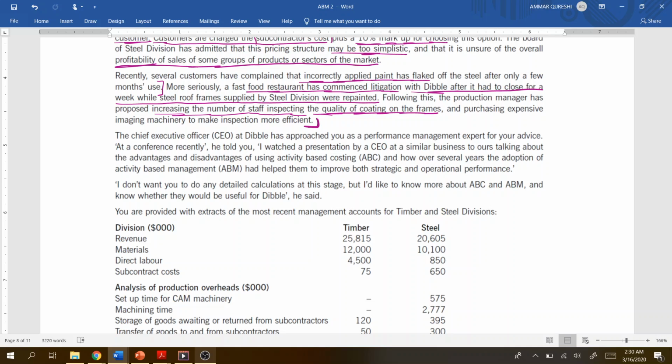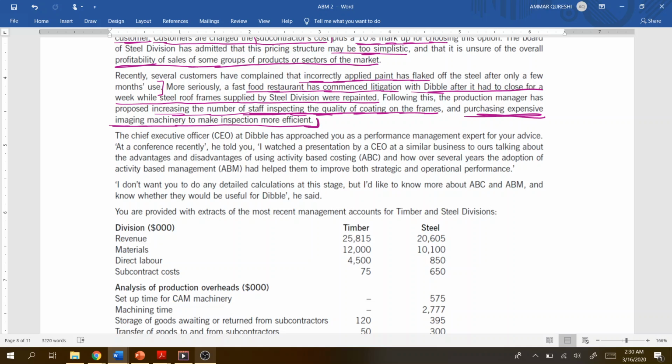The customer is complaining to you, and as a response you propose to increase the number of staff inspections, to increase inspection for checking the quality of the coating on the frames, and to purchase expensive imaging machinery to make inspections more efficient.